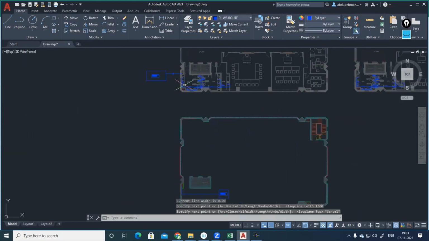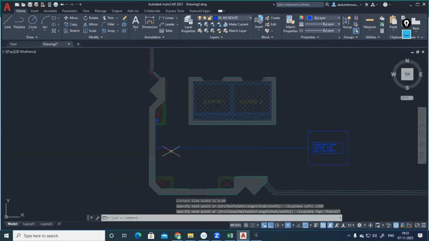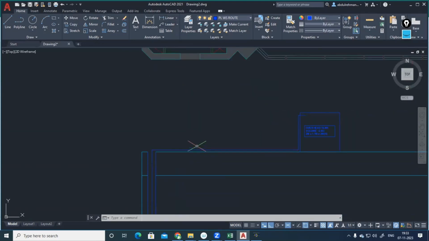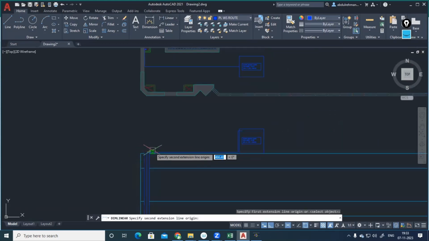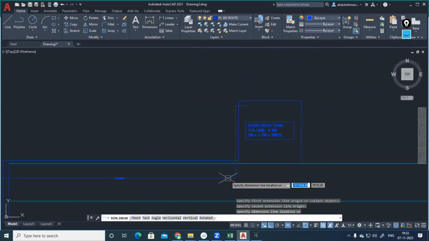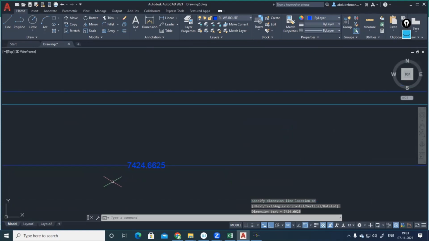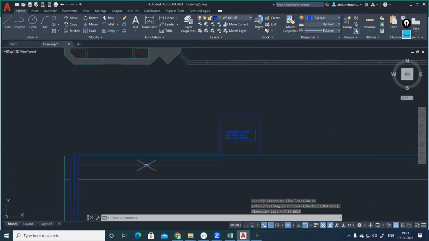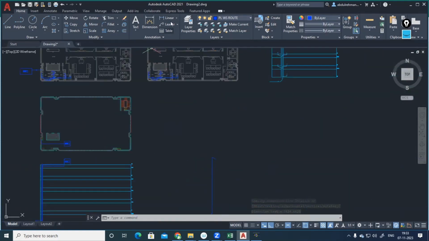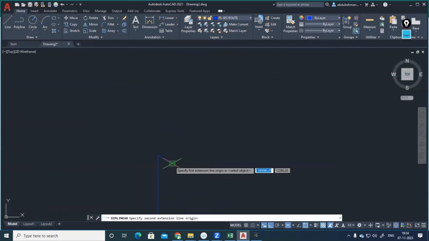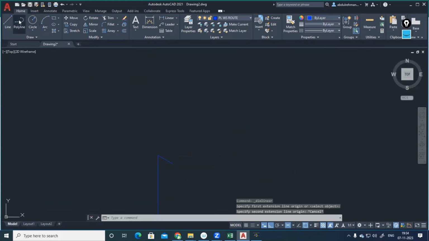Now, from this point, it is going this way. That one you can take the length from here. That is 7424. So from this point, that will be 7424. Okay.